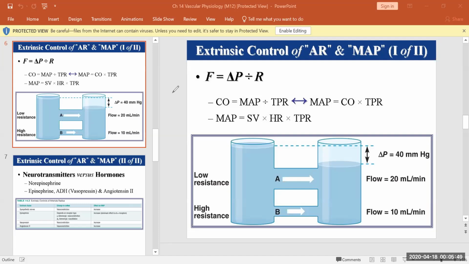So it gives you a mental picture so you can appreciate the relationship. So allow me to go back here to write cardiac output equals HR multiplied by stroke volume.